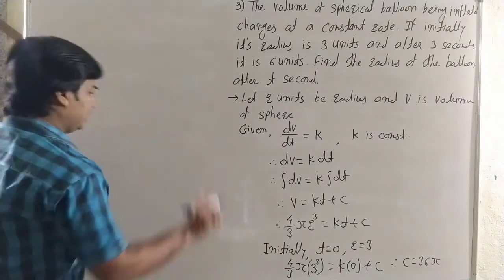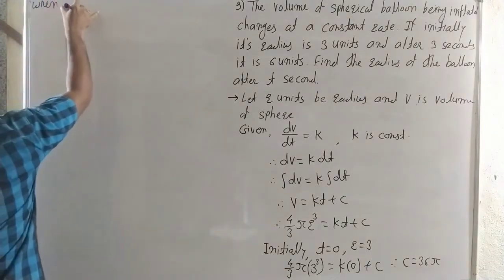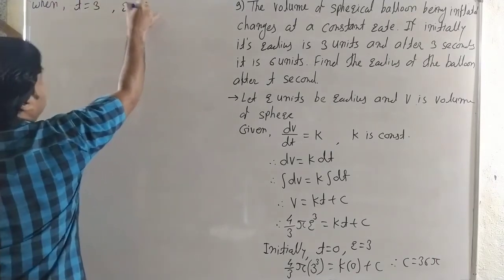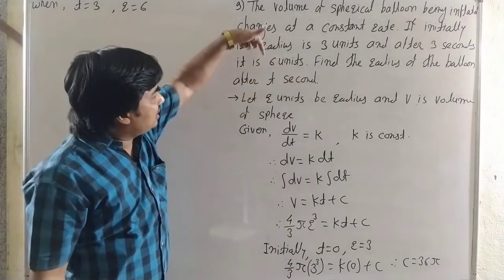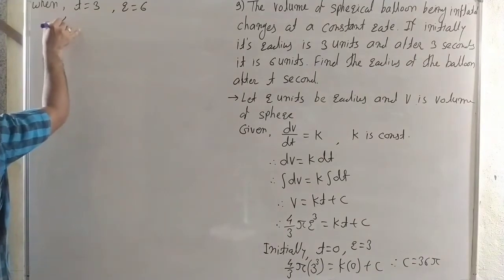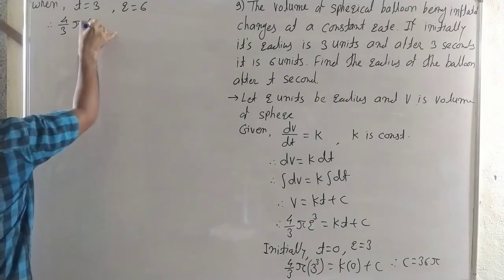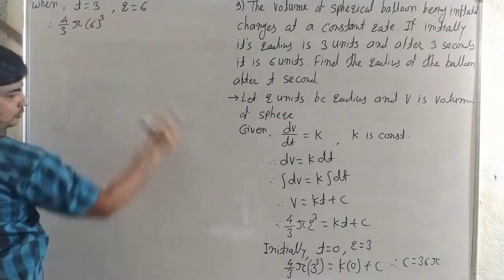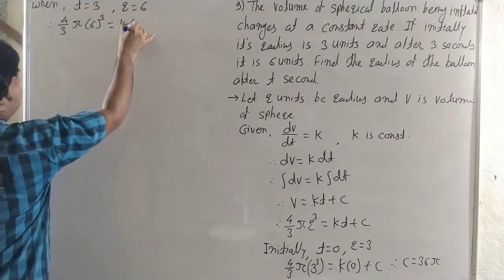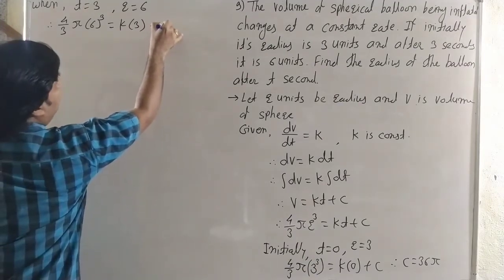Now the second condition, when t is equal to 3 seconds, the radius is equal to 6 units. After 3 seconds radius is equal to 6 units. Therefore 4 by 3 pi, 6 cube, is equal to k into 3 plus c, where c is 36 pi.